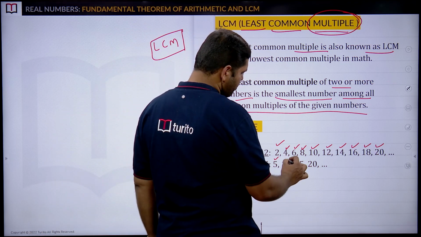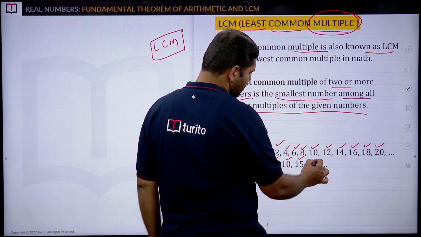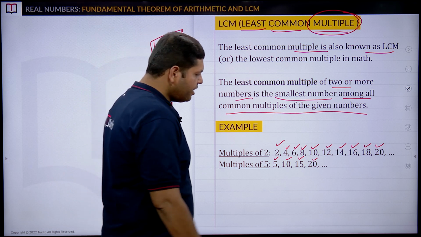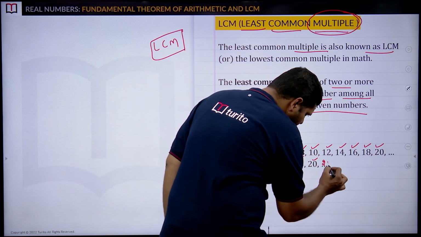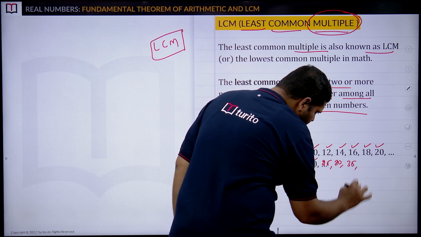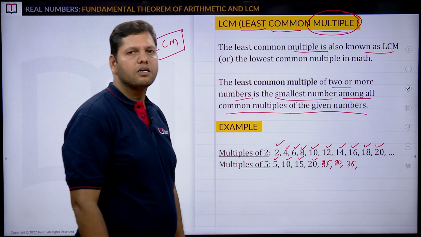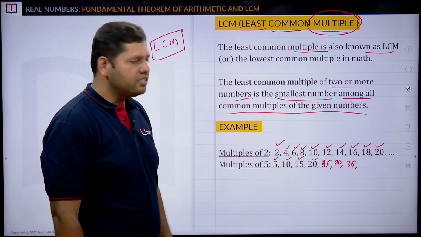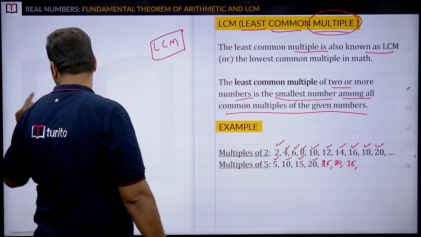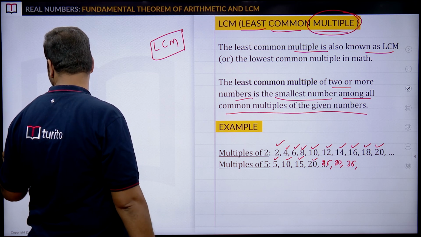You can take 5, 10, 15, 20, 25 and so on. You can write 30 also, and 35 also. These are all the multiples of 5. And see, children, there are some common multiples between both the numbers, isn't it? Can you tell me what the common multiples are?